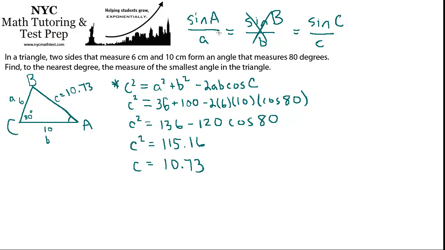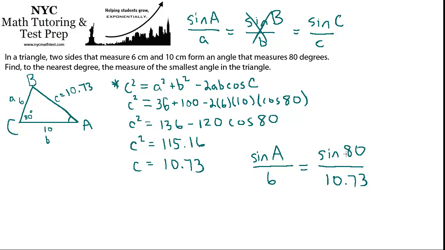And now I'm going to make this substitution. I'm going to go directly and start substituting in as though this was sine of angle A over side A equals sine of angle C over side C. So sine of angle A is what we don't know, so sine of A over side A, which is 6, equals sine of angle C, which we do know, it's 80 degrees, over 10.73. And that number has been rounded off.